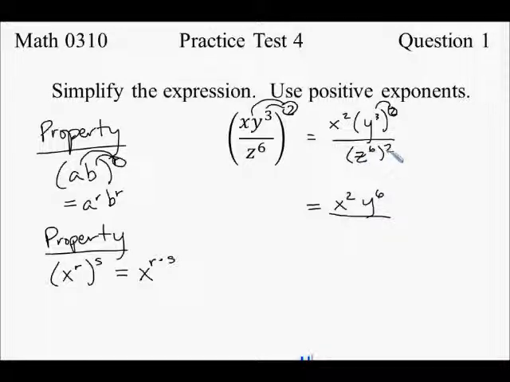The 2 is going to multiply the 6, so on the bottom we should have z to the 12th. And now all of our exponents have been distributed and simplified, and we can see that all of our exponents are positive, so we should be good in that form there. And this answer here corresponds to choice C.